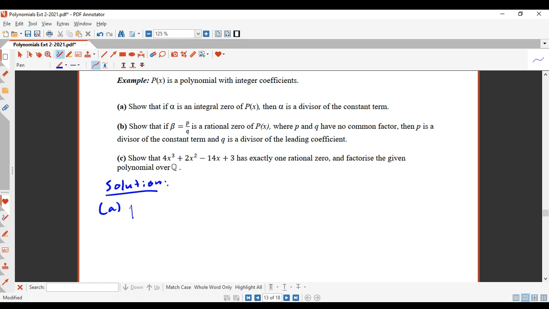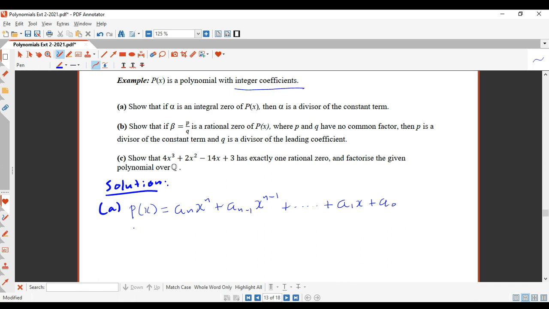P of x is just some polynomial, so p of x is equal to an x to the n, plus an minus 1 x to the n minus 1, plus, keeps going, you'll have a1 x plus a naught.